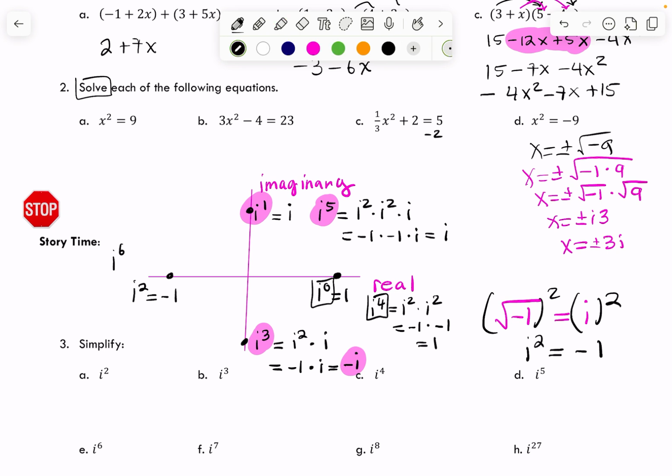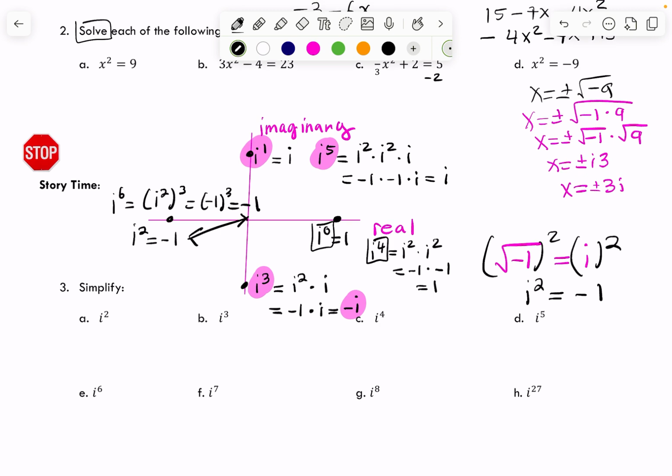Now I have i to the 6th. A shorter way to write this would be i squared to the power of 3, which is negative 1 to the power of 3, which is negative 1, the same thing as i to the 2nd. And then finally, i to the 7th. An easier way to write this is i squared to the 3rd times i.